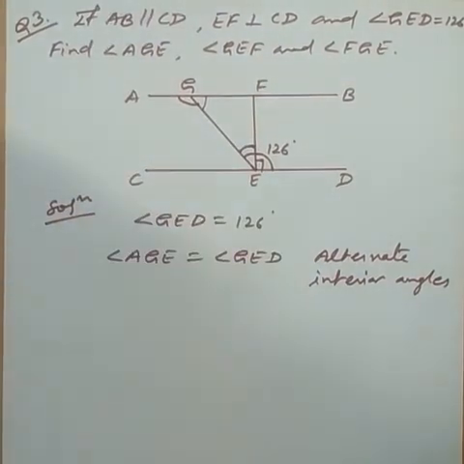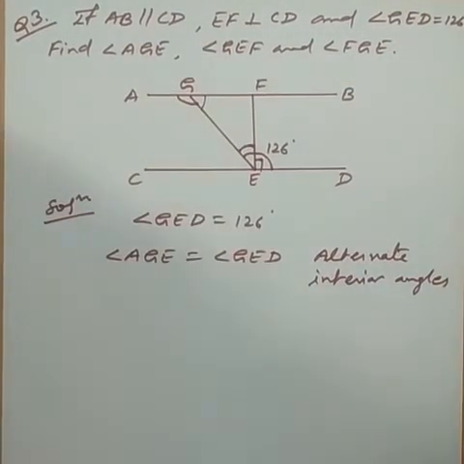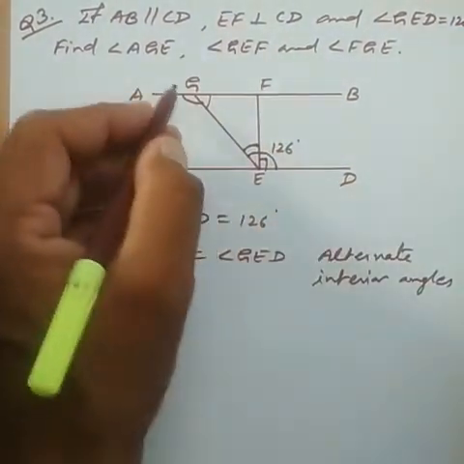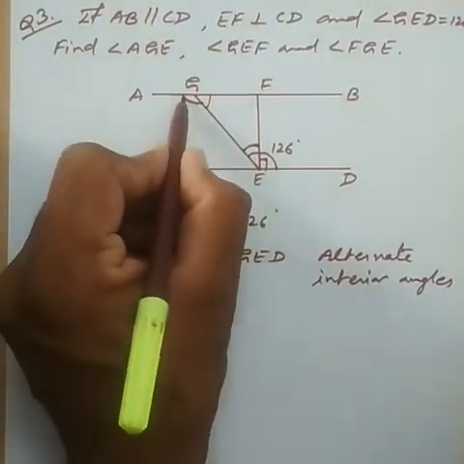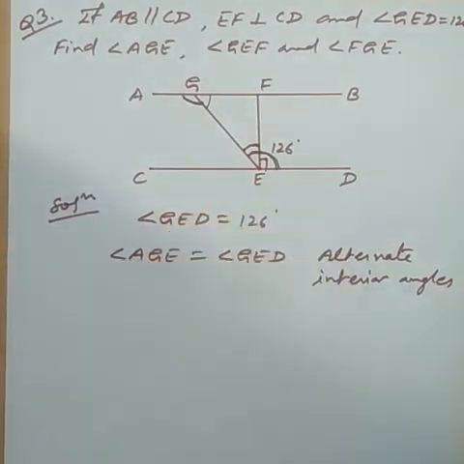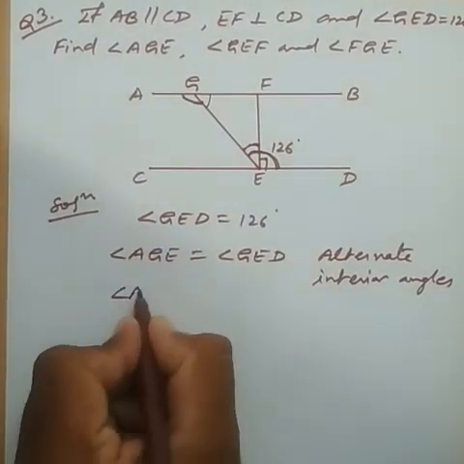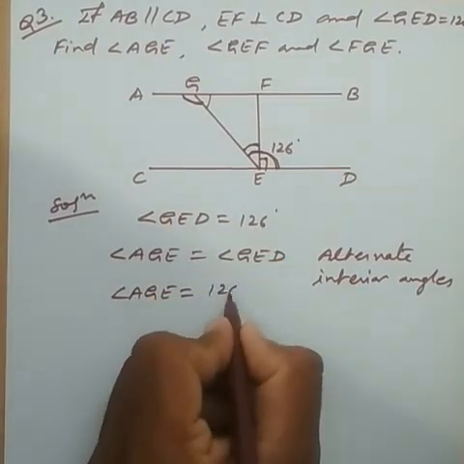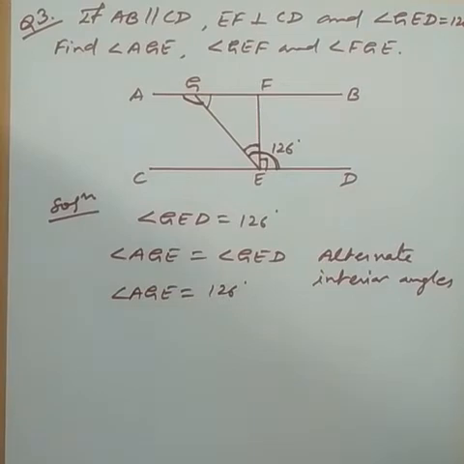These are the alternate angles, and alternate interior angles are equal in two parallel lines, because AB and CD are parallel and GE is the transversal. Then this angle and this angle are alternate angles. So angle AGE, GED is 126, then its angle is 126.